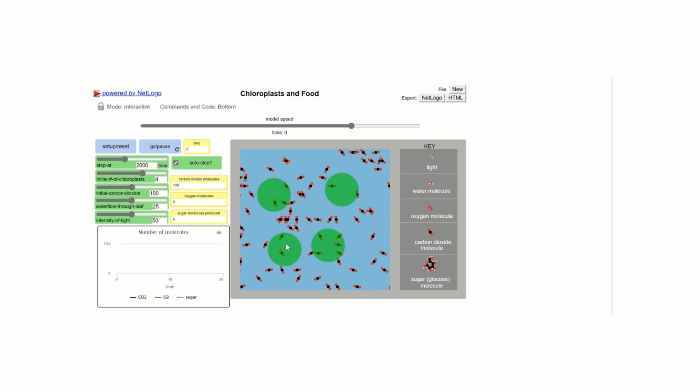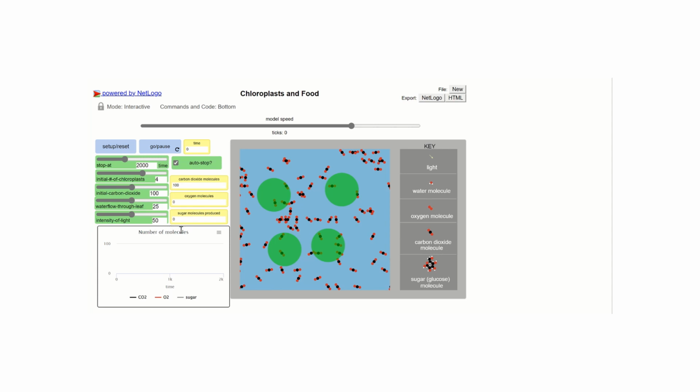I can see 4 green discs. Our third bar down is the amount of carbon dioxide in our leaf. We're starting with 100 molecules. Our water flow through the leaf is 25. And intensity of light, how much light's coming through, is 50.